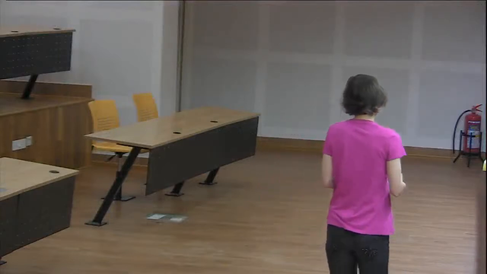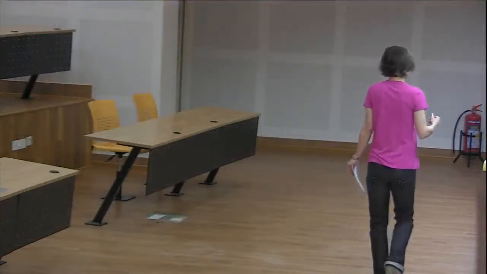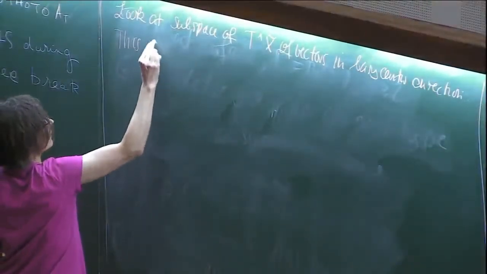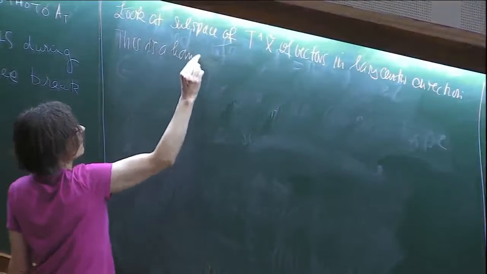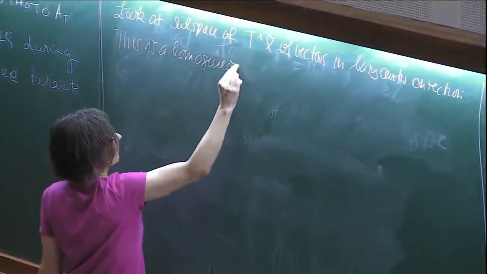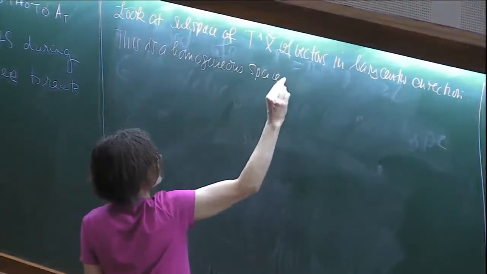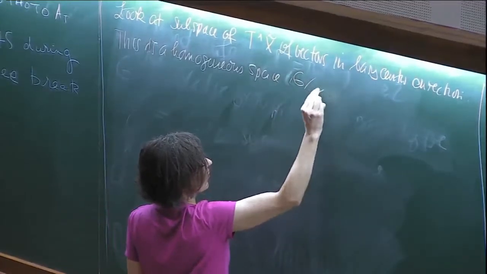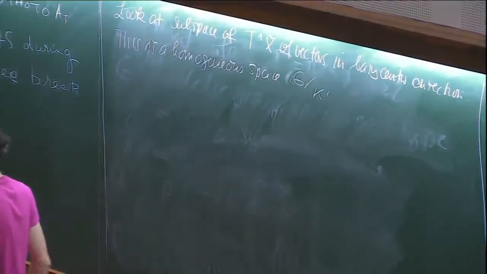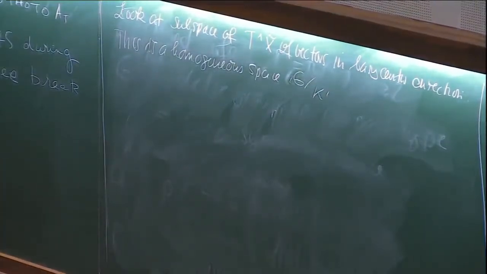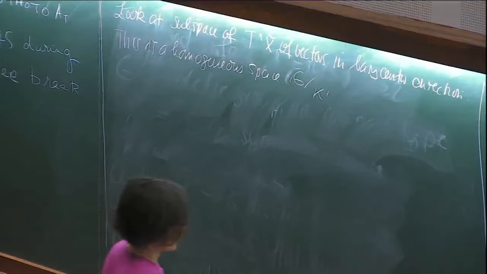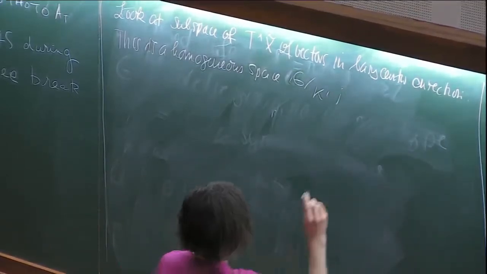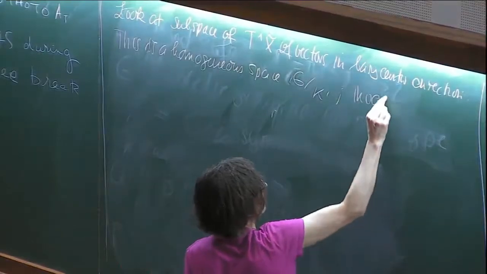So this is actually a homogeneous space. It's not G mod K, it's G mod something like K prime, some compact subgroup which is smaller than K. And now you can do the following. This is invariant under the geodesic flow.